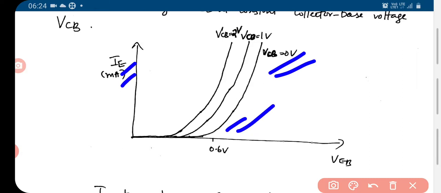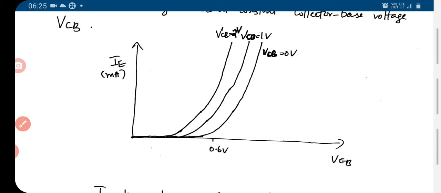So there isn't much change in the emitter current with the change in the VCB, the output voltage. VCB 0 volt, VCB 1 volt, VCB 2 volt. So this is the other thing that we note. So these are the input characteristics of transistor connected in common base mode.